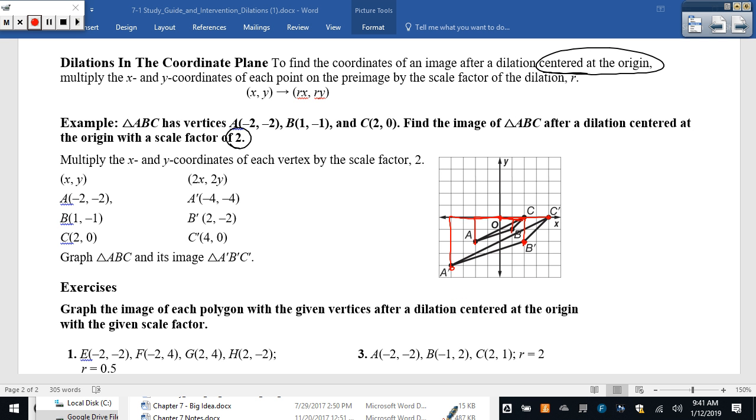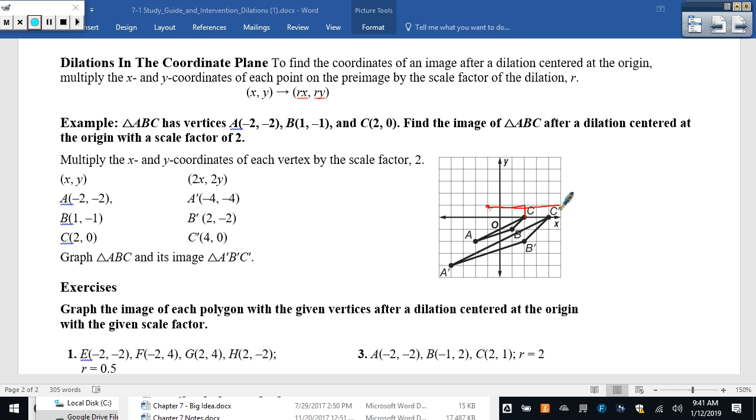All right. Now let's say for a moment that this wasn't at the origin. Okay, so I was going to change this. Let's say that the point was actually right here. Okay, so where would this new triangle be if it was twice as big? Well, if I'm going to go over 1, 2, 3, down 1, this is how I do it. I would go over twice as many and down twice as many.